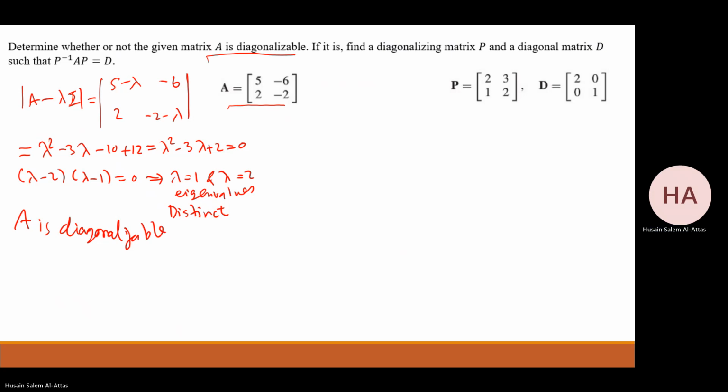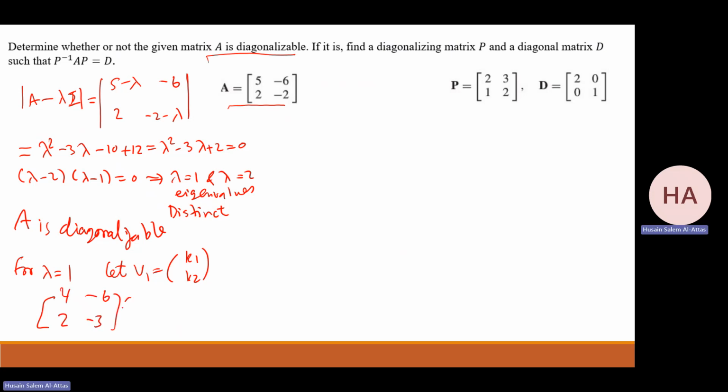What I will do, I'll find the eigenvectors. So we say for lambda equal 1, like what we did before, let V1 be K1, K2, solve the system. 4, minus 6, 2, minus 3, times K1, K2 equals 0, 0.